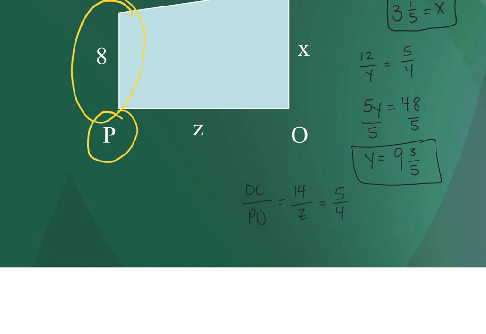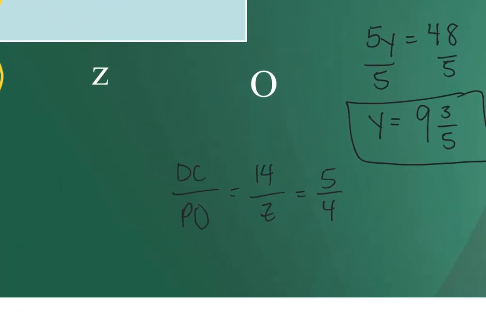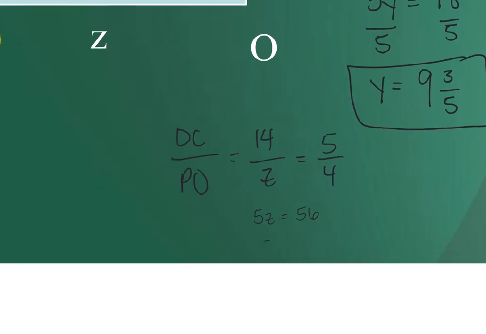Excellent. Let's cross multiply and figure it out. What am I going to get? 56. Divide by 5, we get Z equals 56 over 5, which simplifies to 11 and 1 over 5.